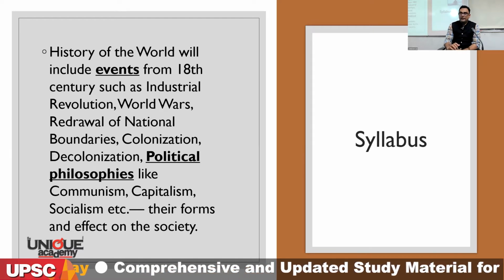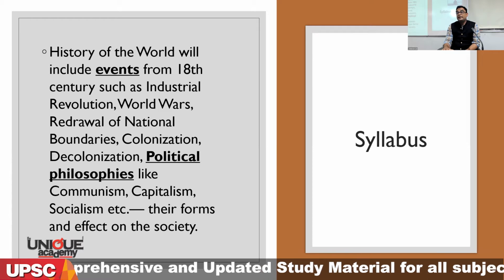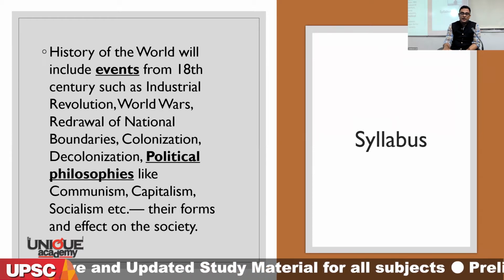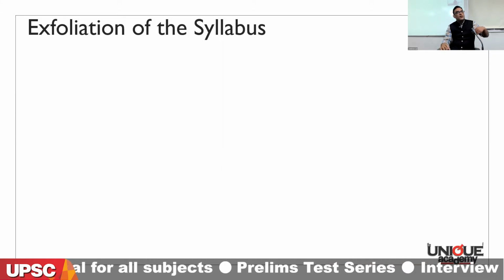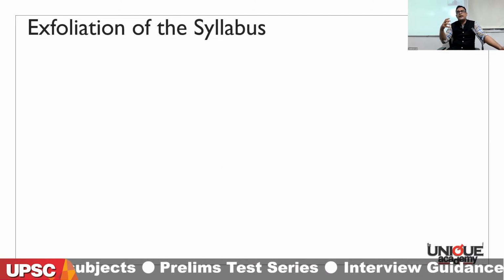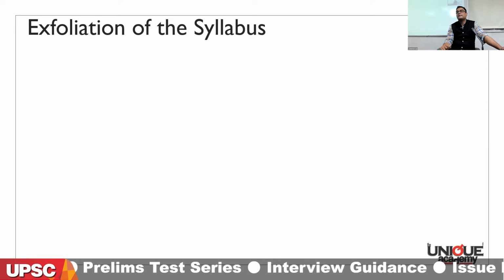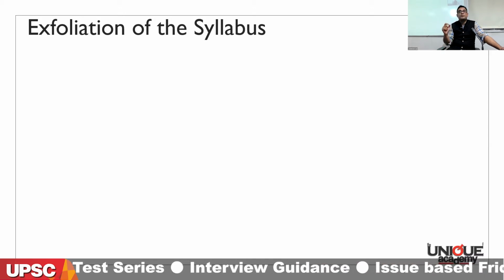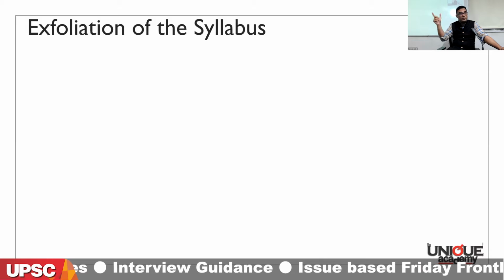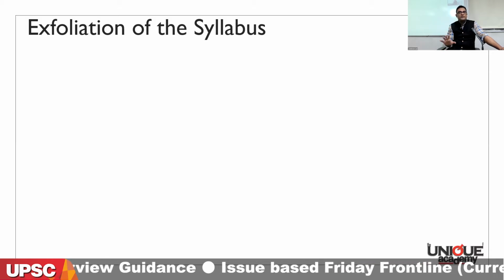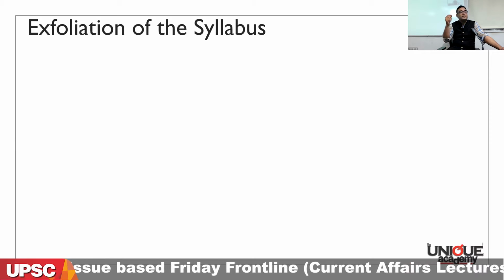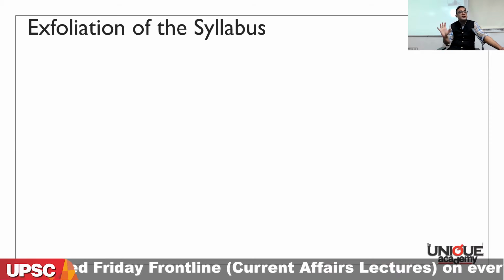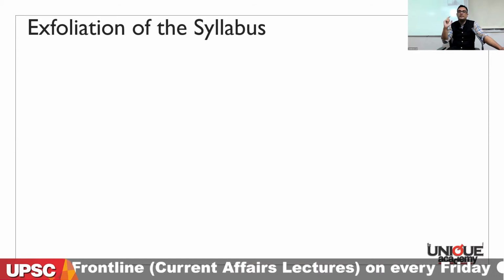We'll deal with each of these two sides of the syllabus at great length. Let me first now exfoliate the syllabus for you. This is a one-sentence syllabus. Based on the type of questions that UPSC has been asking, its priorities when it comes to history, optional also we have studied, based on all of this, we can come out with a list of certain specific topics that can be connected to this one-sentence syllabus.